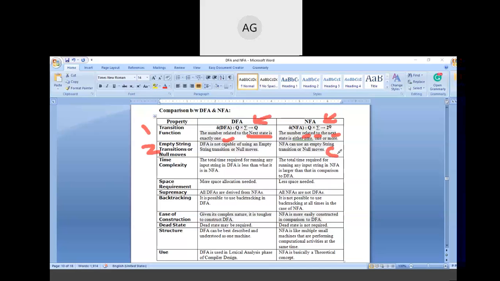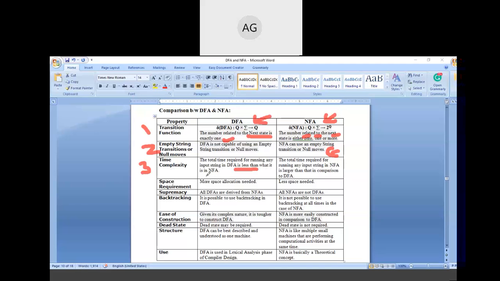It means that epsilon is present in the NFA but not in the case of DFA. The third property is time complexity. In the case of DFA, the total time required for running any input string is less than what it is in the NFA.